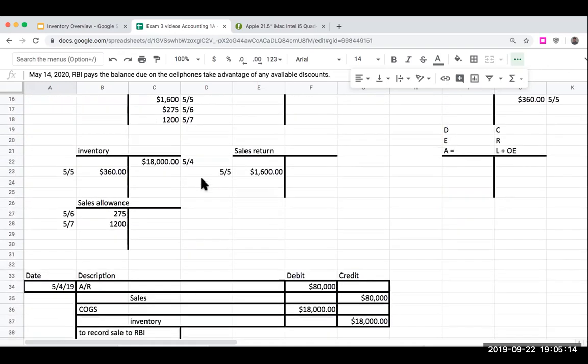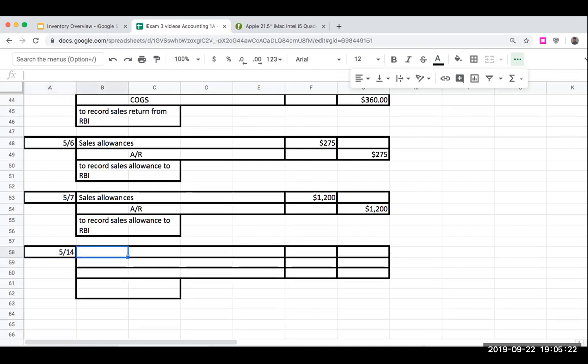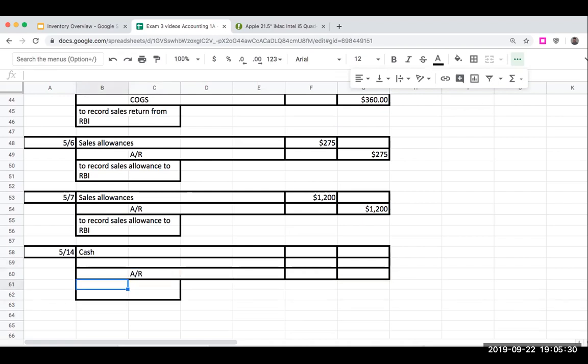Before I get there, the way that we record when we get cash from the customer, this is going to be on May 14th. When I get the cash from the customer, I'm going to be debiting cash. I know I'm going to be crediting AR because they're not going to owe me that money anymore. However, because they're paying me less than what is actually owed, they're going to take advantage of that 3% discount. So right over here, I'm debiting cash.